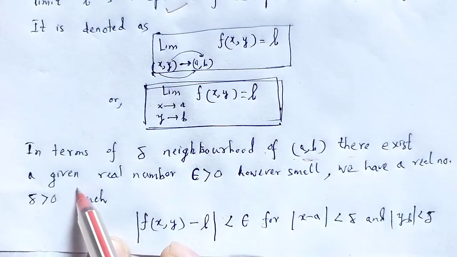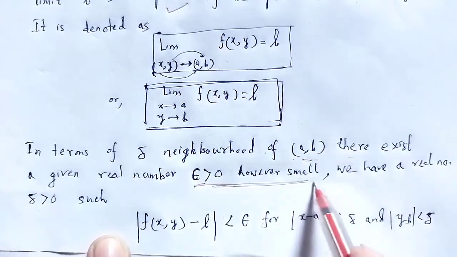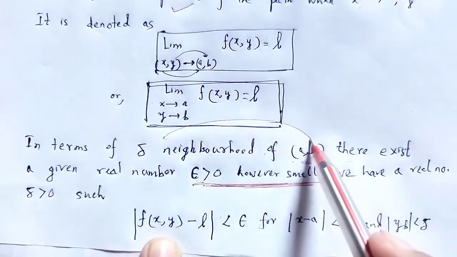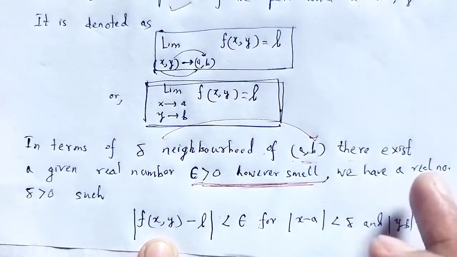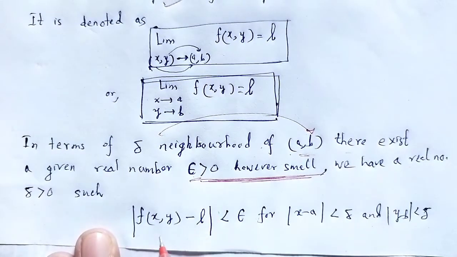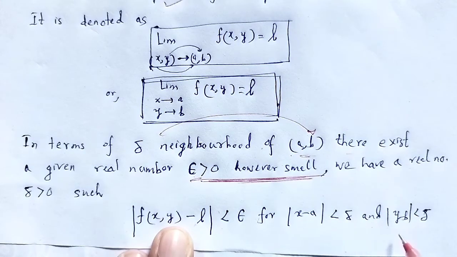There exists a given real number epsilon greater than 0, however small, then the real number delta is greater than 0, such that modulus of f of (x, y) minus l is less than epsilon for modulus of x minus a less than delta, and modulus of y minus b is also less than delta.